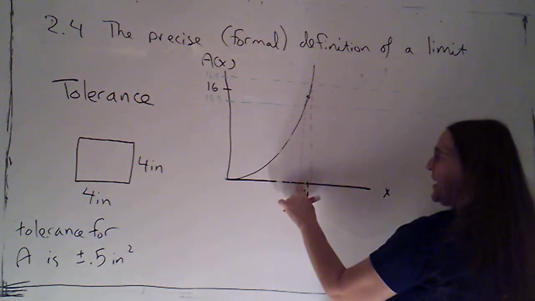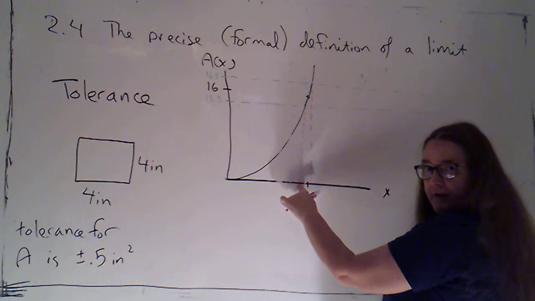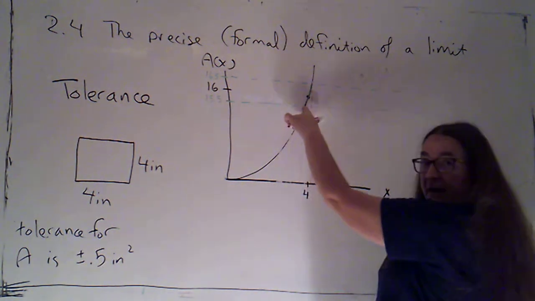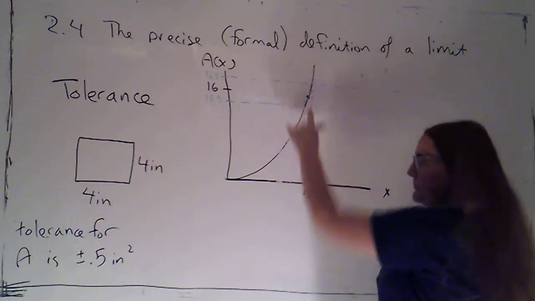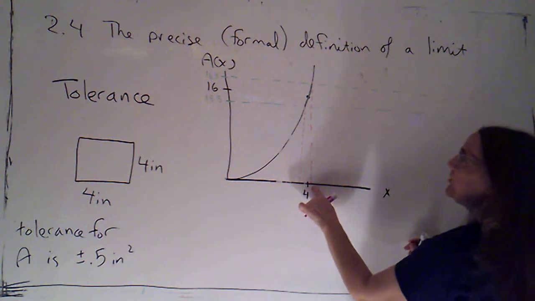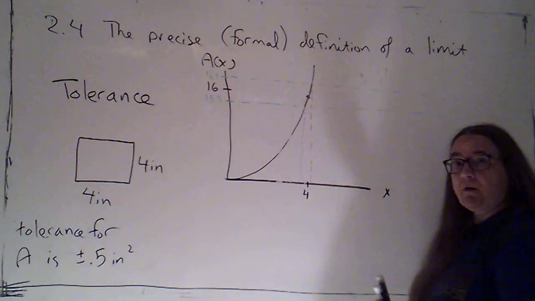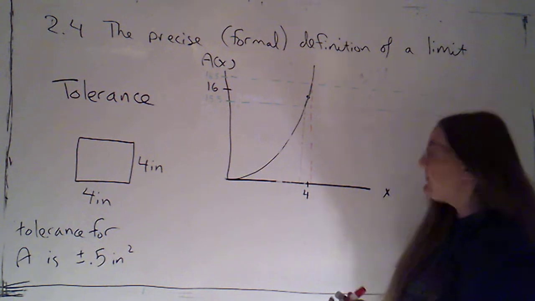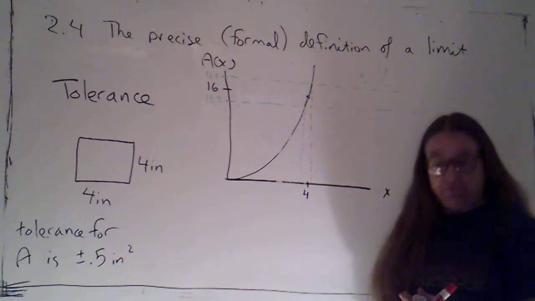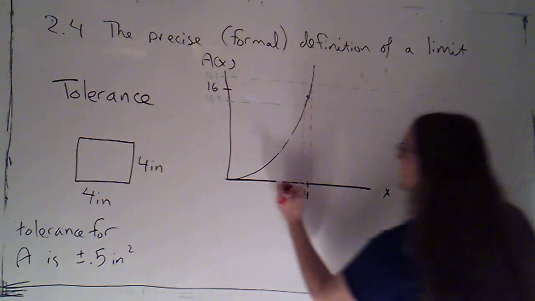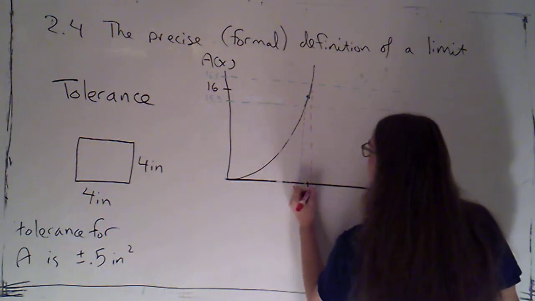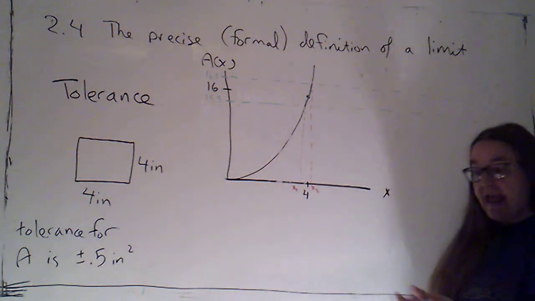I can see there's one x value that's a little bit smaller than 4 that would take me to an area of 15.5. And there's one x value that's a little bit bigger than 4 that would take me to an area of 16.5. I should actually be able to figure out what those are. So I'm just going to call them x1 and x2.